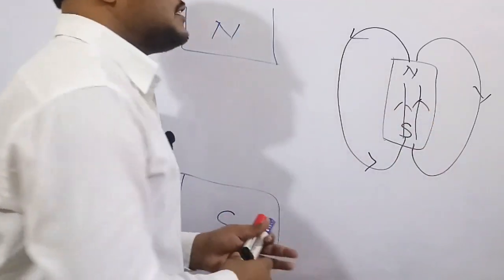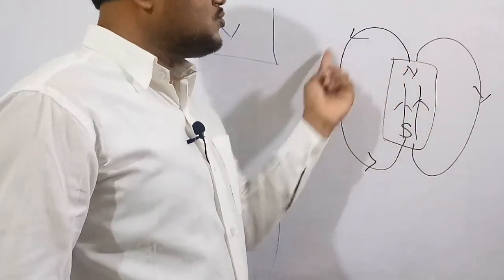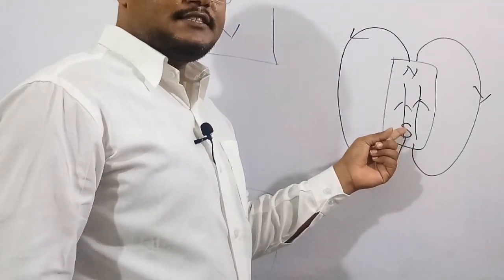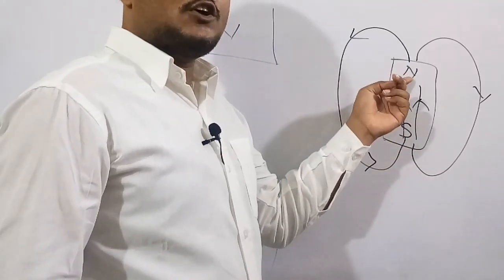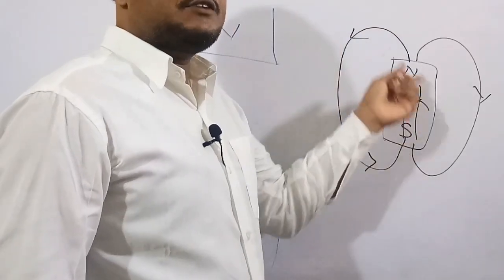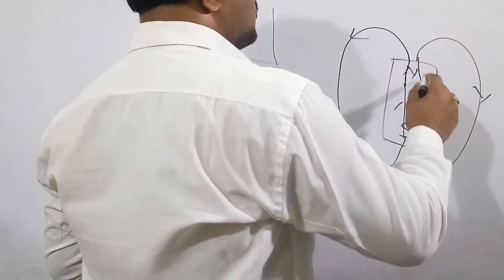So what I am trying to say is, the magnetic field direction is north to south pole outside the magnet, and south to north pole inside the magnet. These magnetic field lines are closed, so they will always be closed.